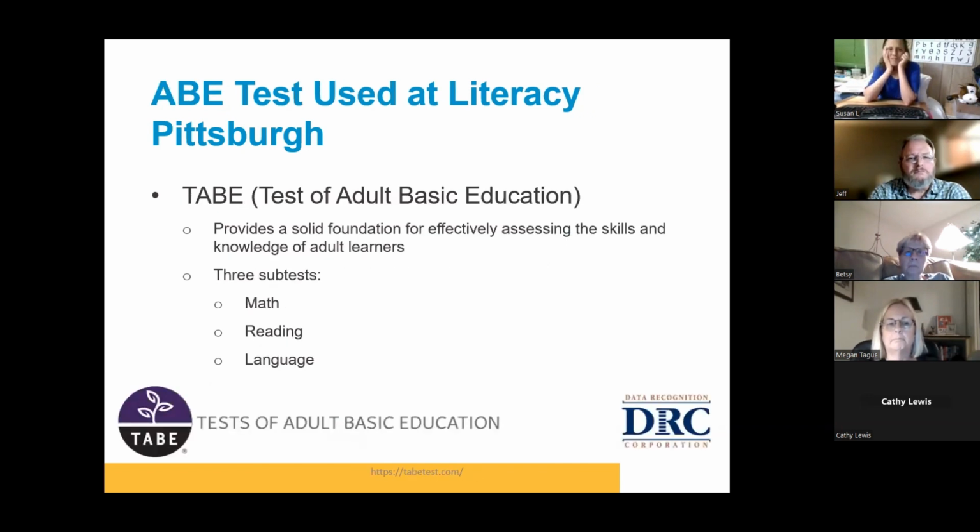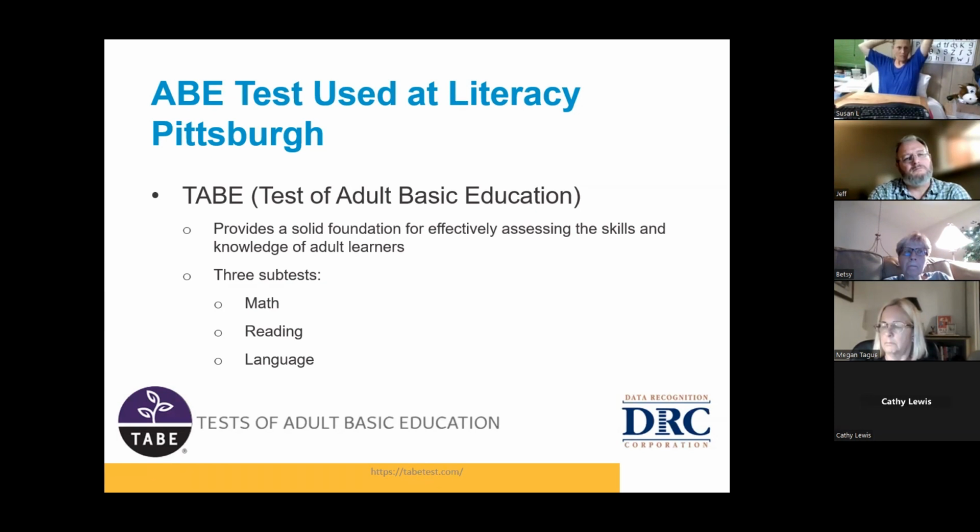So as I had mentioned, there are quite a few students who are ESL but test out of our program, test out of our ESL tests. So when this happens, they take the ABE test that we use at Literacy Pittsburgh. So the one test we use is called the TABE, which is the Test of Adult Basic Education. And this provides a solid foundation for assessing skills of adult learners.